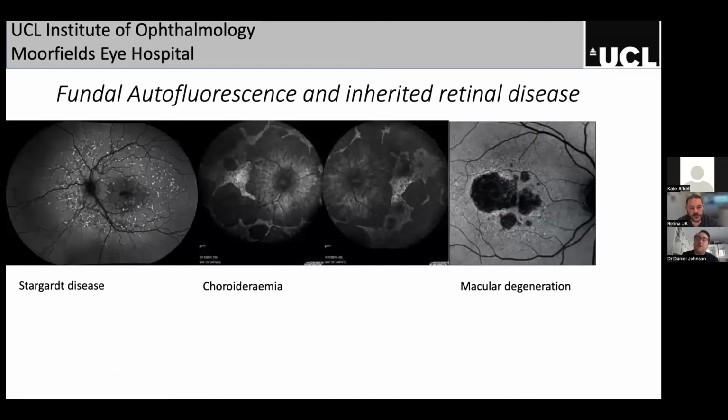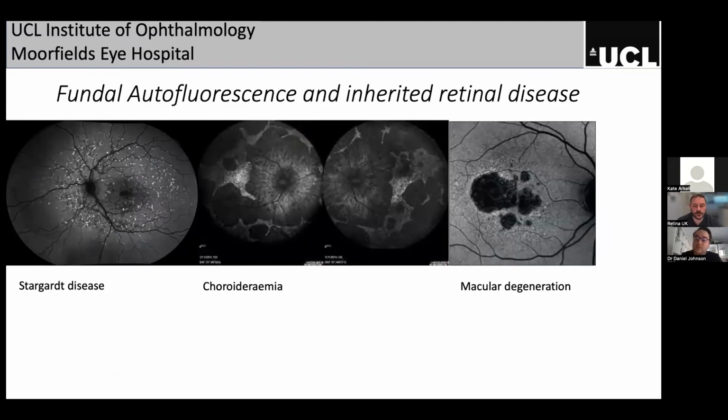You can have different patterns as well, so it helps us with diagnosis. So in Stargardt, you might have these flecks. In choroideremia, you might have lots of different areas or patches of atrophy. When we say atrophy, this is part of where the retina is very thin, so it's unhealthy, and sometimes might not even be there.